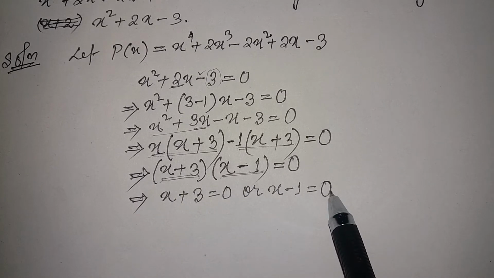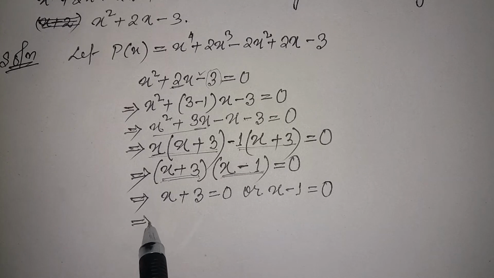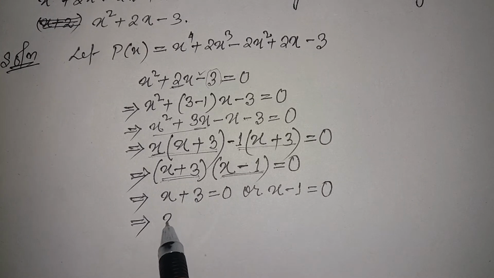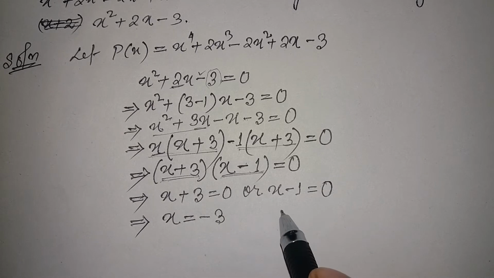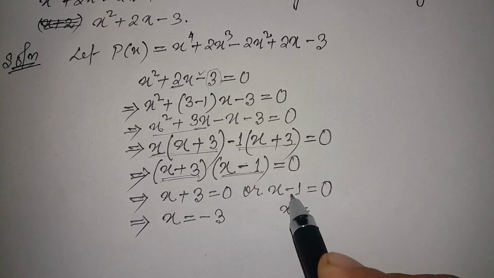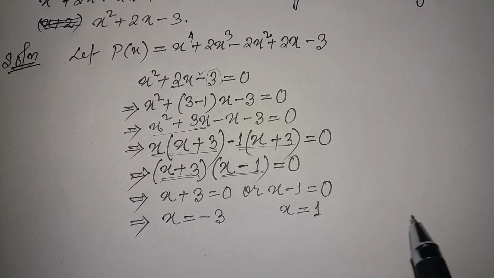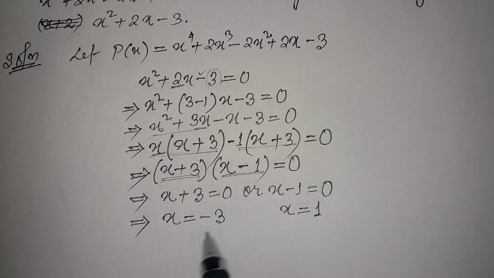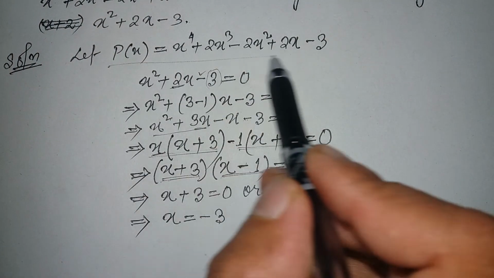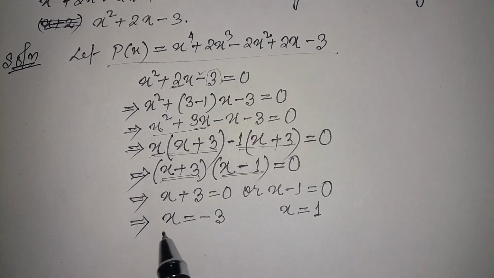So this into this is equal to 0, that means either this should be equal to 0 or this should be equal to 0. Now we transpose 3 to the right hand side, so plus becomes minus, and in this case minus becomes plus. So these are the two values of x, zeros of x. Now we're going to substitute these two values one by one in this given polynomial, and if we get 0, then our work is done.